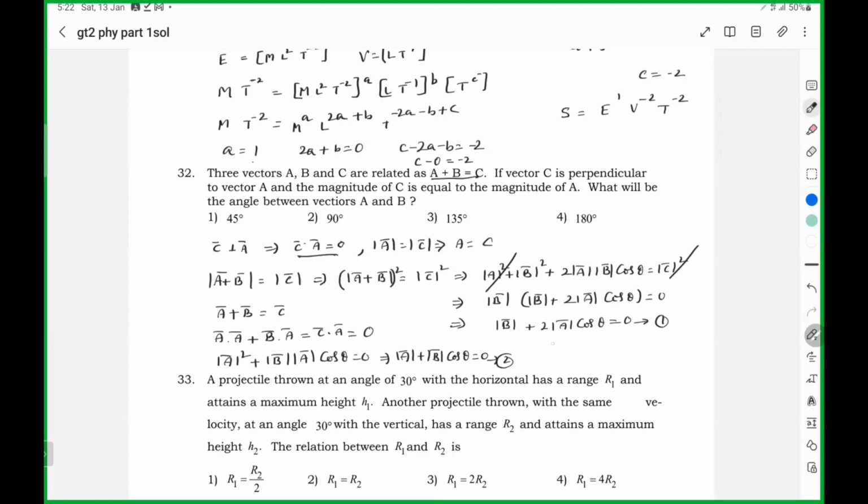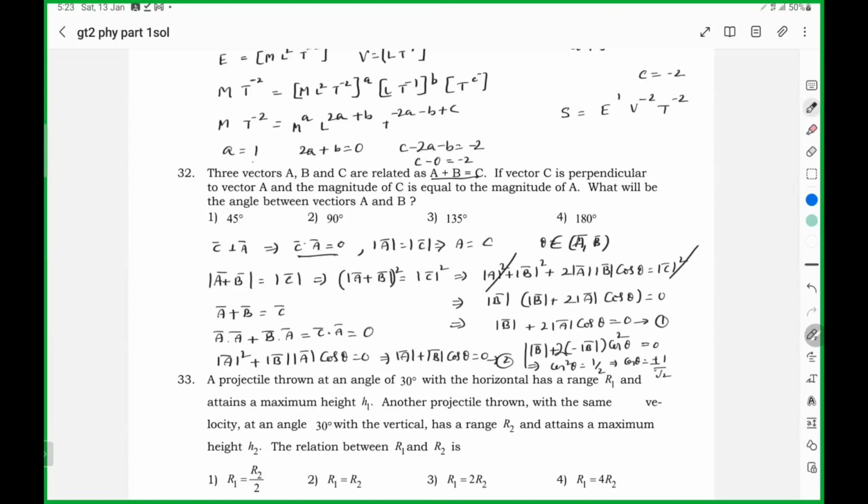Here theta is the angle between A bar and B bar. In place of mod A, I will write minus mod B cos theta. Here 2 is there into cos square theta. From here, I can say cos square theta is half, so cos theta is plus or minus 1 by root 2.